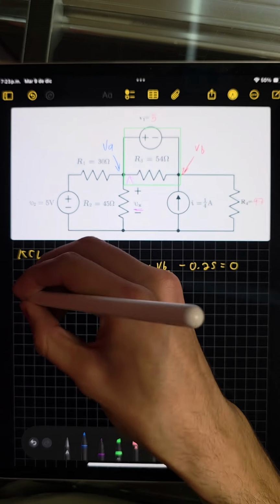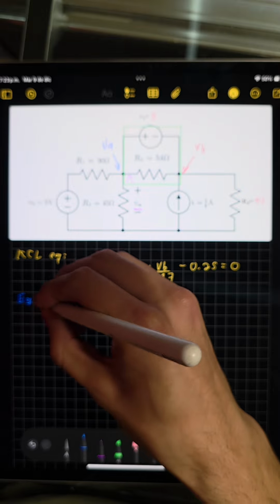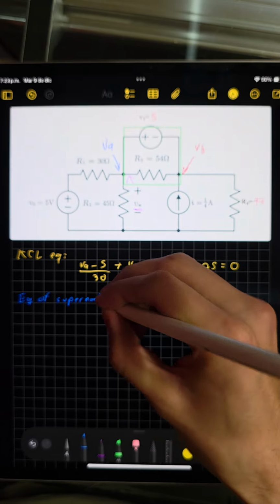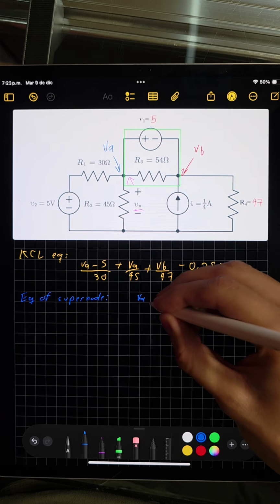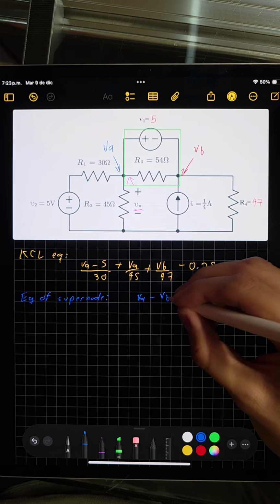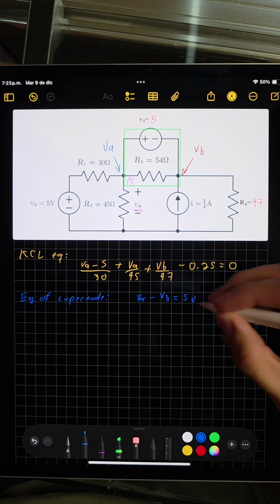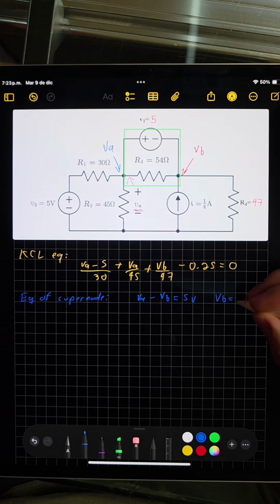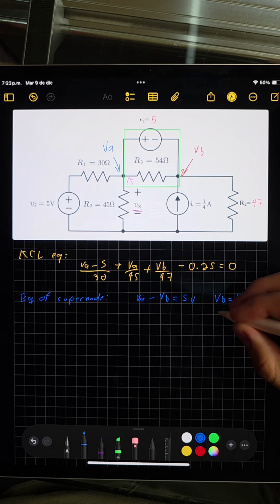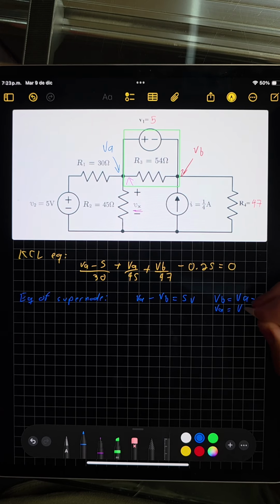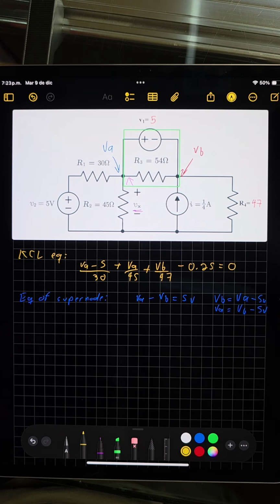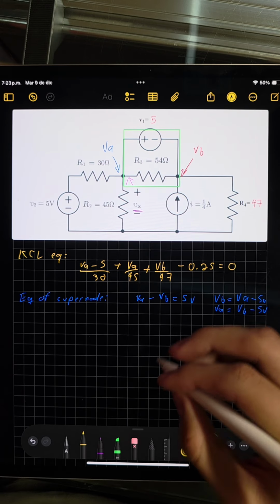We also have the equation of the supernode: the voltage in node A minus the voltage in node B is going to be the voltage of the power source. So from here we can derive that voltage B is going to be VA minus 5 volts, or voltage A is going to be VB plus 5 volts. One of those is going to be useful in the next steps.